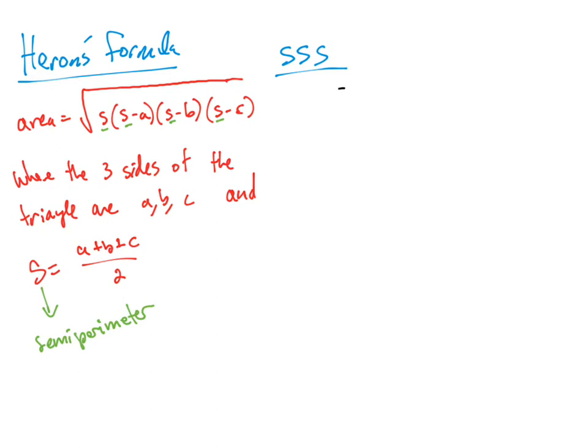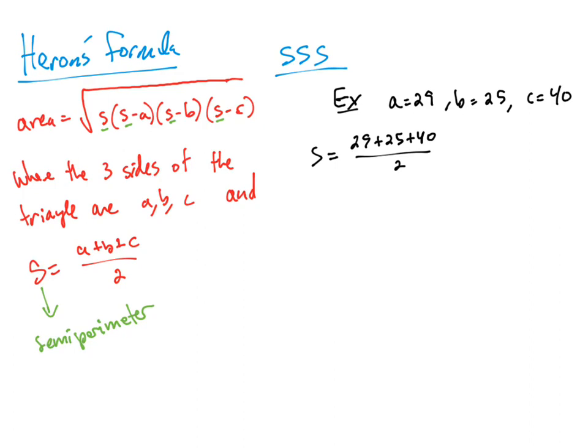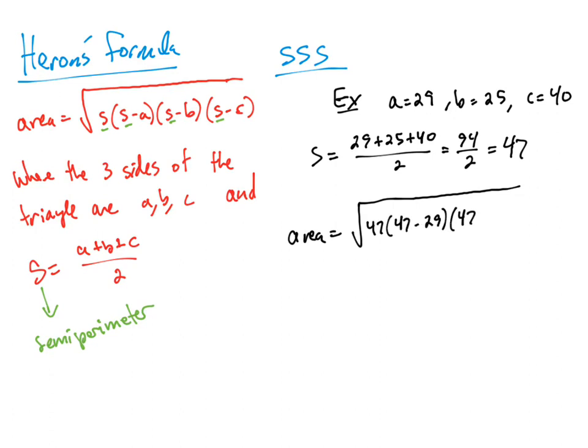So, for example, find the area of a triangle where A is 29, B is 25, and C is 40. First we want to find the semi-perimeter. So I'm going to say 29 plus 25 plus 40 divided by 2. That gives us 94 divided by 2, which is 47. So we're going to plug that in for S. We have 47 times 47 minus 29 times 47 minus 25 times 47 minus 40.